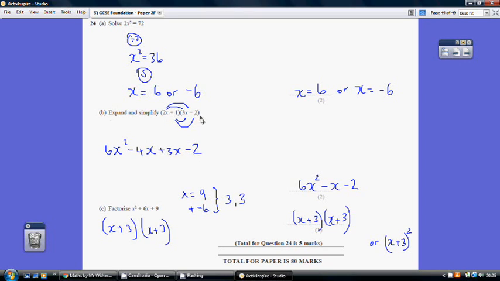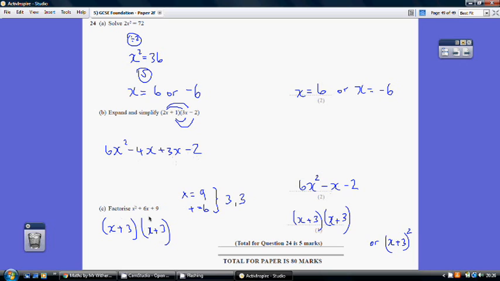So we've expanded. We now need to simplify by gathering the like terms. Now the only like terms here are the x's in the middle. So our final answer is 6x squared. Now minus 4x add 3x is minus 1x, or minus x. And then we have our minus 2.